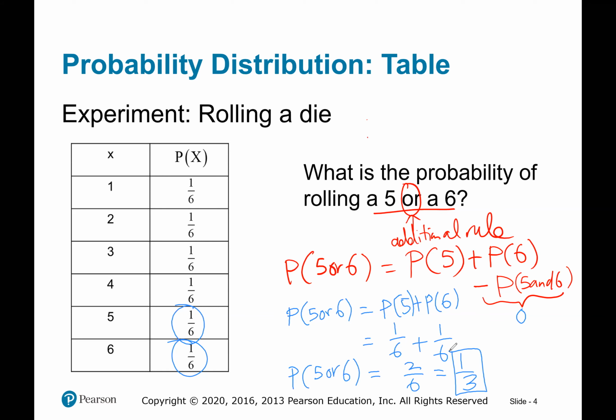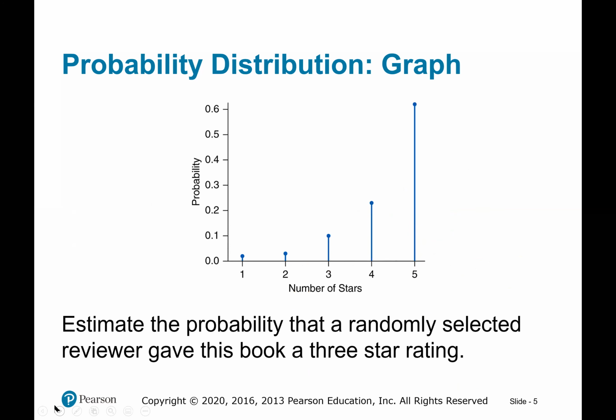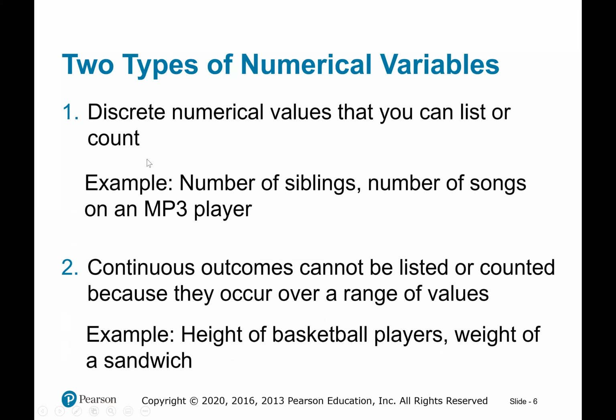Now let's move to the next one. So now let's talk about two types of numerical variables. You learned from chapter 1 about discrete numerical and continuous numerical.